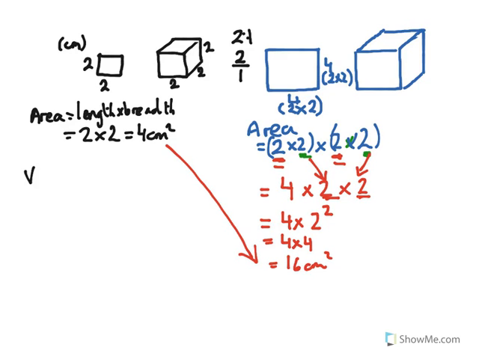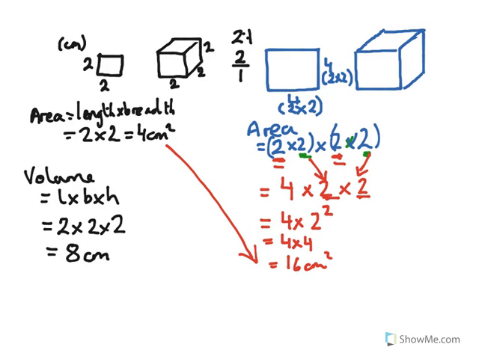If we look at the volume of this cube, we know that the volume is the length times the breadth times the height, which in this case is 2 times 2 times 2. 2 times 2 is 4, 4 times 2 is 8. So we get a volume of 8 centimeters cubed. Why do we have centimeters cubed?